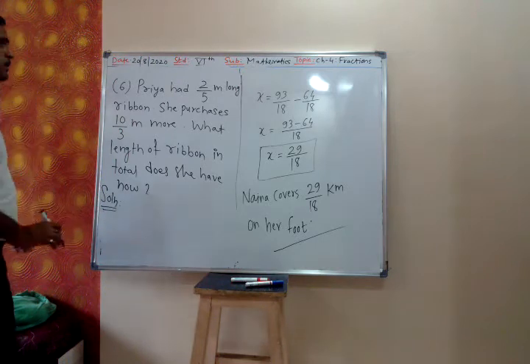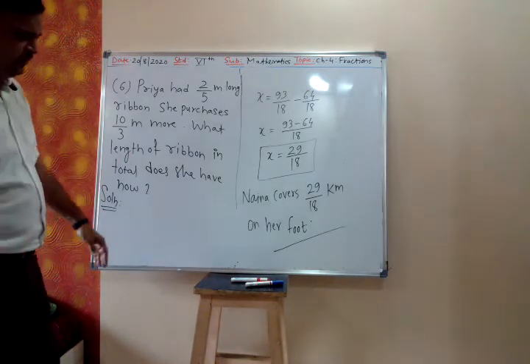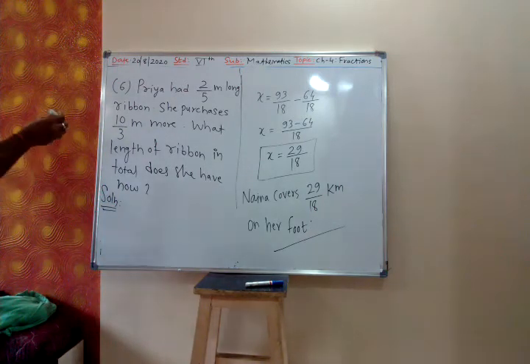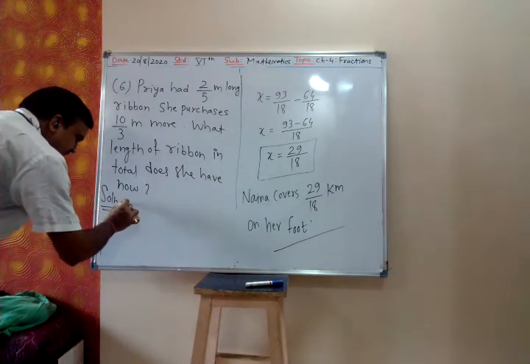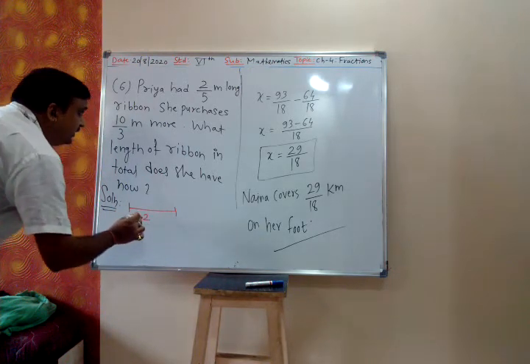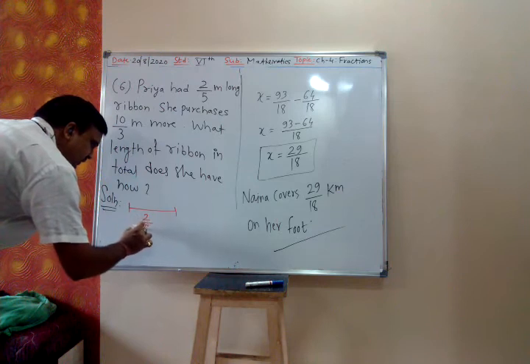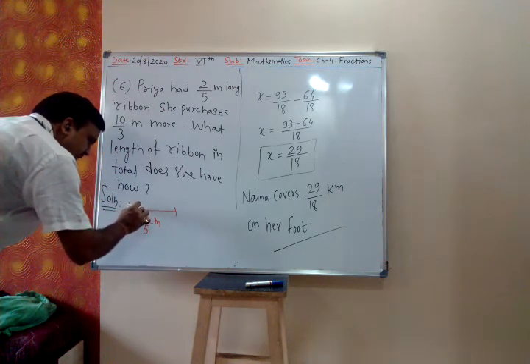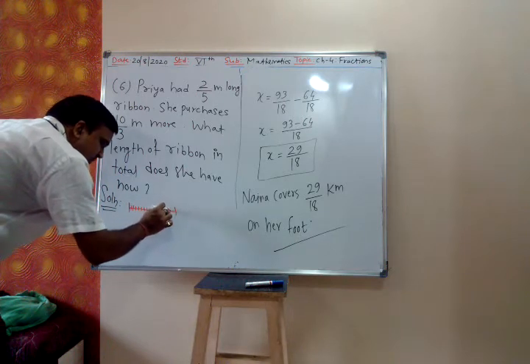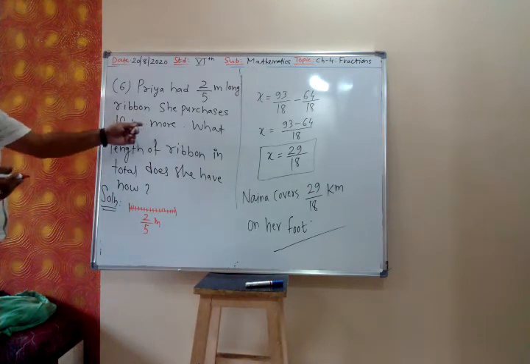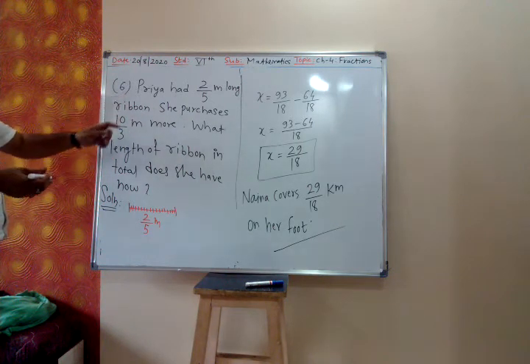Priya had 2 upon 5 meter long ribbon. This is the ribbon, 2 upon 5 meter long. Then she purchases 10 upon 3 meter more.